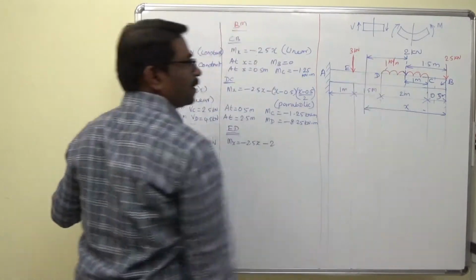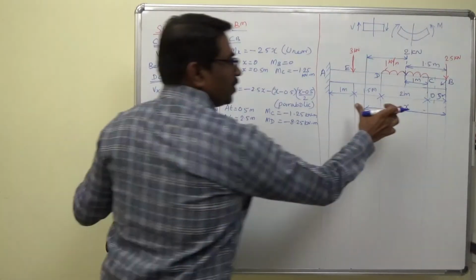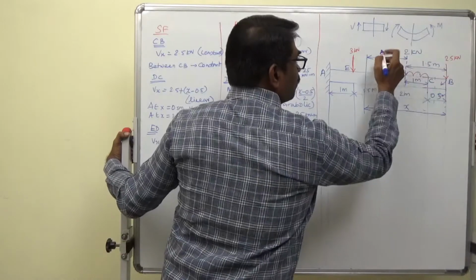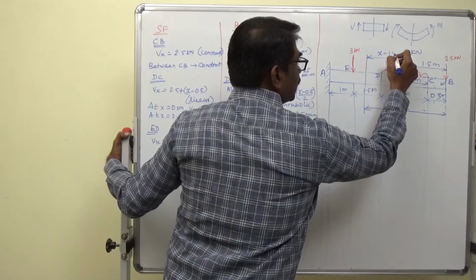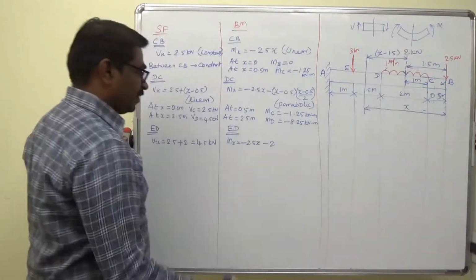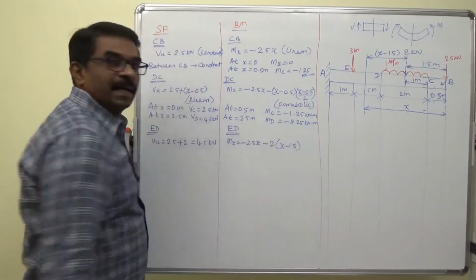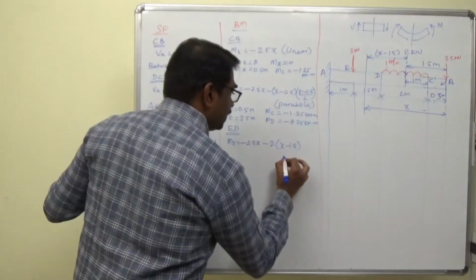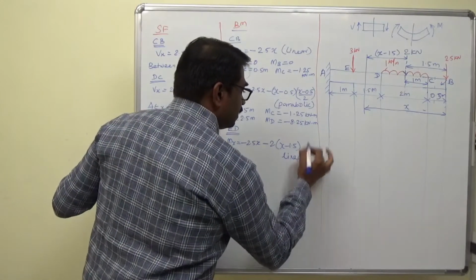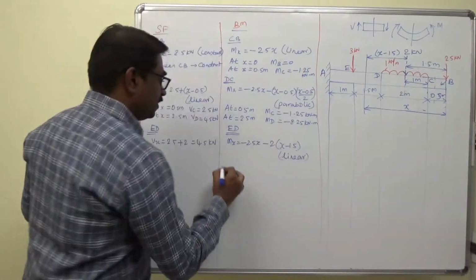This is going to be the perpendicular distance, so x minus 1.5. X minus 1.5 is the perpendicular distance, and it is a linear variation.